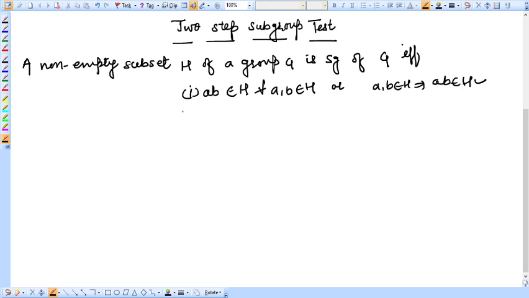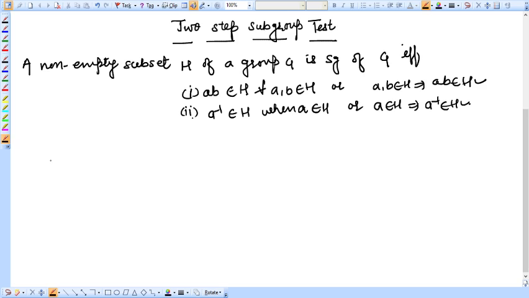Secondly, the second condition is A inverse belongs to H when A belongs to H, or you can say A belongs to H implies A inverse belongs to H. So this is the second. If these two conditions are satisfied, then we say this given subset of G is a subgroup of G, right?